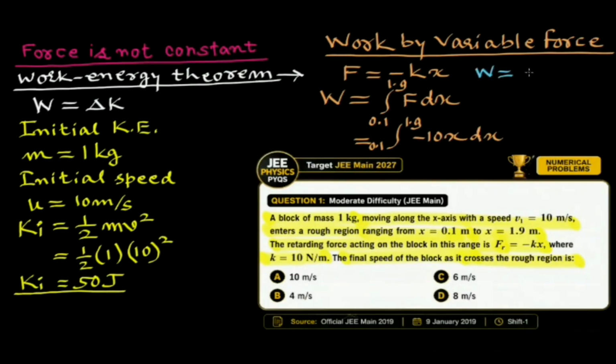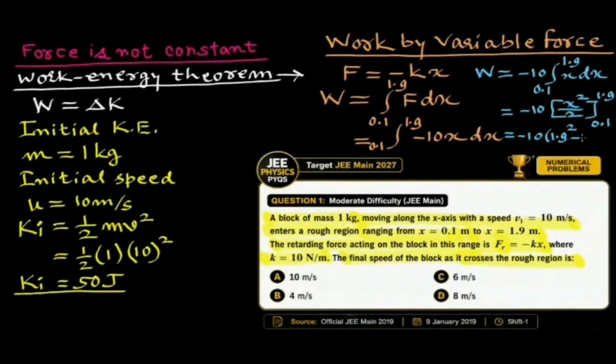W equals minus 10 integral x dx from 0.1 to 1.9, which is minus 10 into x square by 2 from 0.1 to 1.9, which is minus 5 into (1.9 square minus 0.1 square).